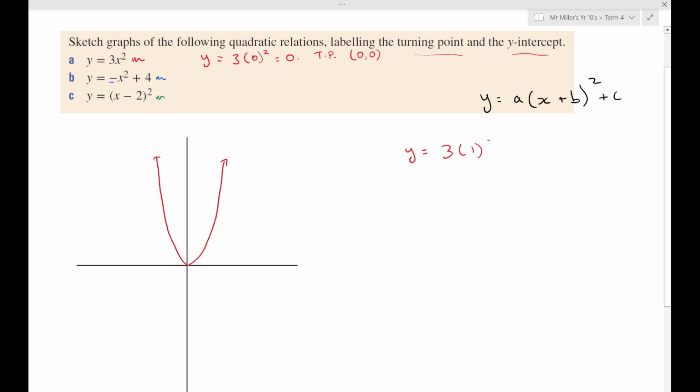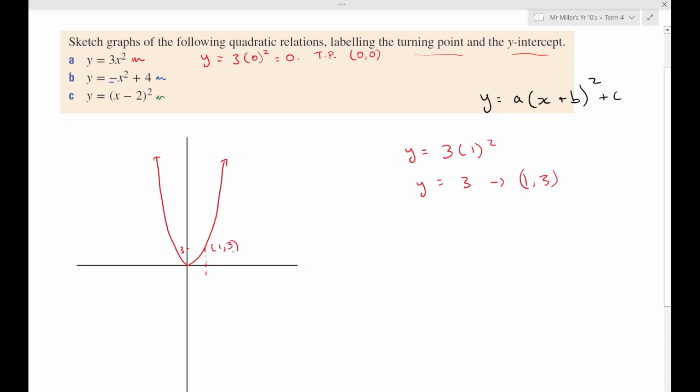I'll just pick 1. We'll see that y will be 3. So we have another coordinate point, (1, 3). We can just plot that in, maybe here, just to give a little bit more information.